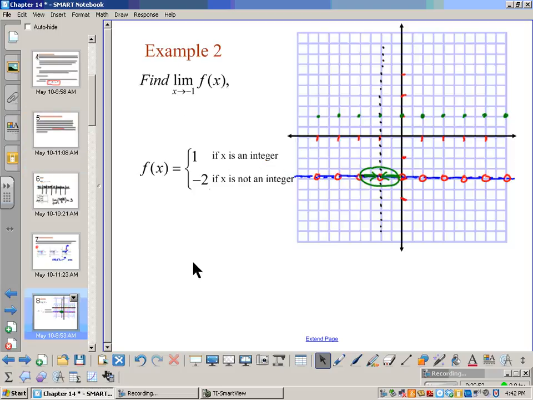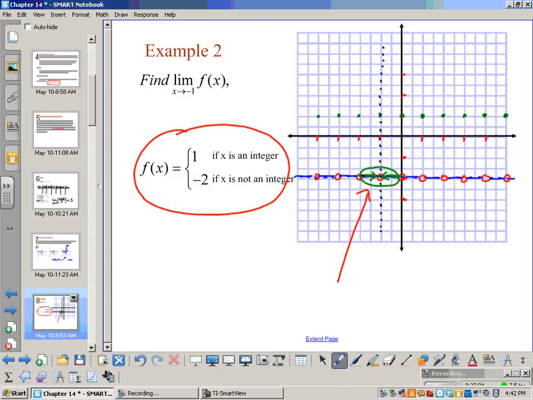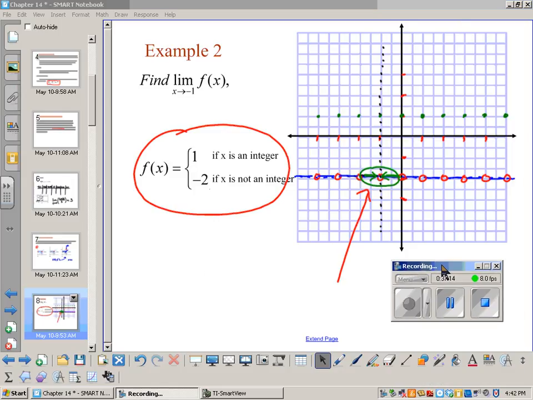Okay, so on this piecewise function, we're looking for the limit of f of x defined by this function as x is approaching -1. So I have the information here, and we're looking for what is the limit of f of x as x is approaching -1. And we will talk about that in class tomorrow. And that's all I have for you for section 14.1.